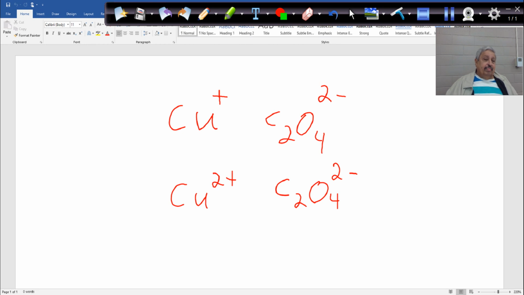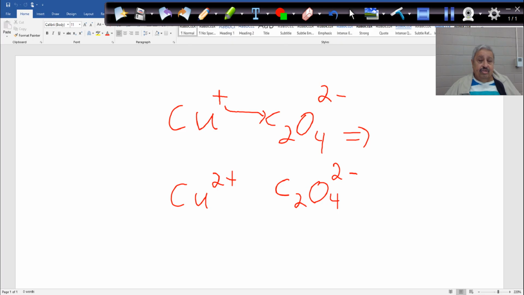So copper comes in 2 multiple charges, plus 1 and plus 2. And this is the polyatomic ion, 2 minus, correct? In order to get this done, you swap: the 1 will come here underneath.